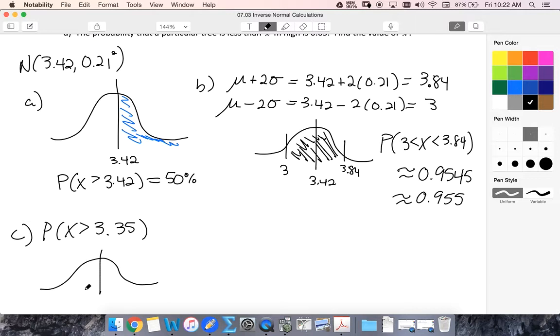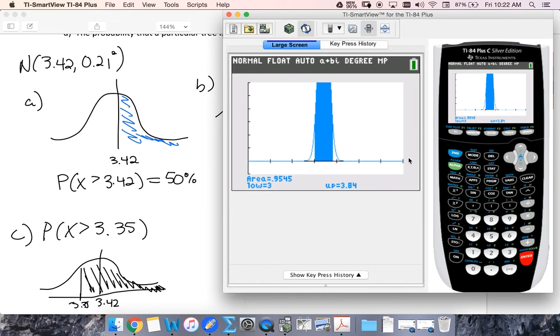So let's put that in. 3.35 would be somewhere around here. So I know this is going to be greater than 50%. Well, let's put it into my calculator. Lower bound, 3.35. Upper bound is infinity. But the way I put infinity in my calculator, so quit.